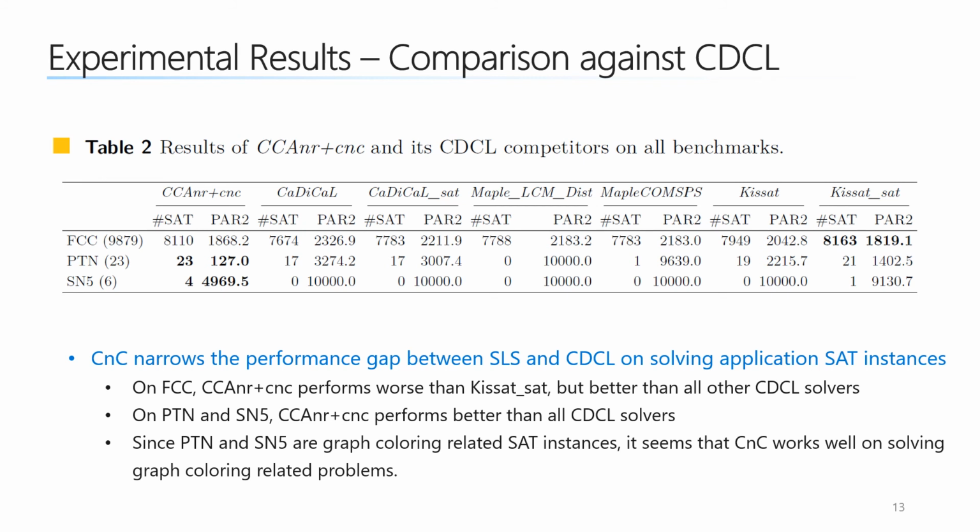On PTN and SM5 benchmarks, CCAnr equipped with CnC performs better than all CDCL solvers. Since PTN and SM5 are graph coloring related SAT benchmarks, it seems that the CnC method works quite well on solving graph coloring related problems.